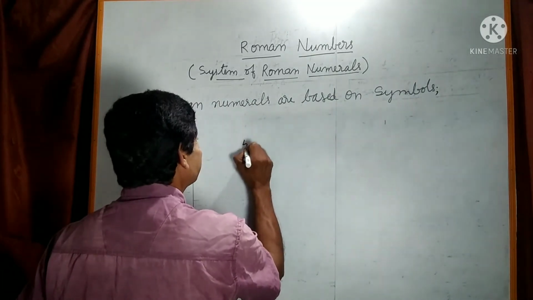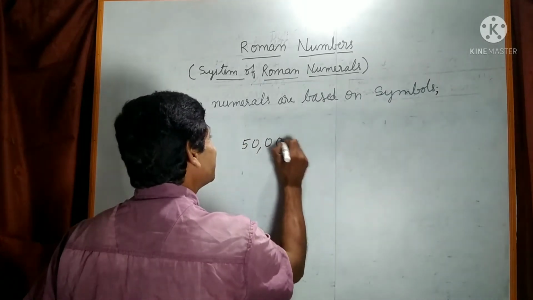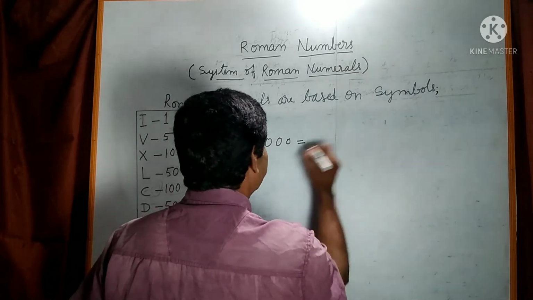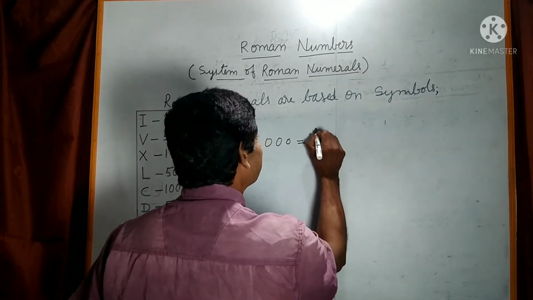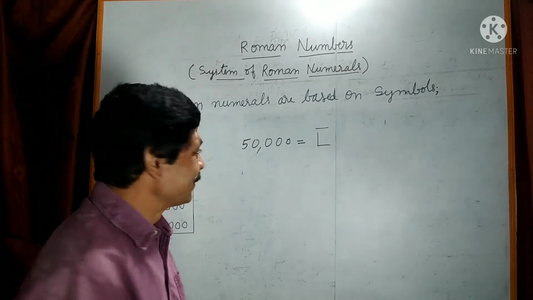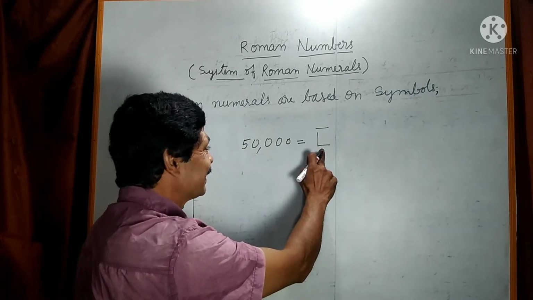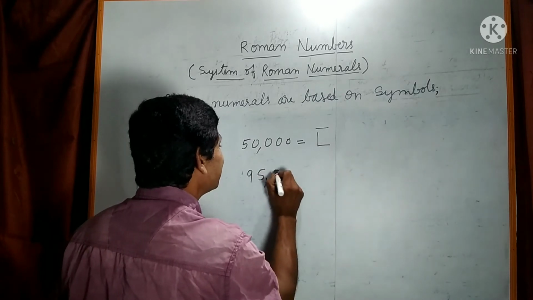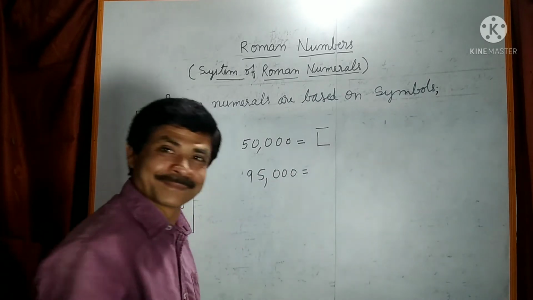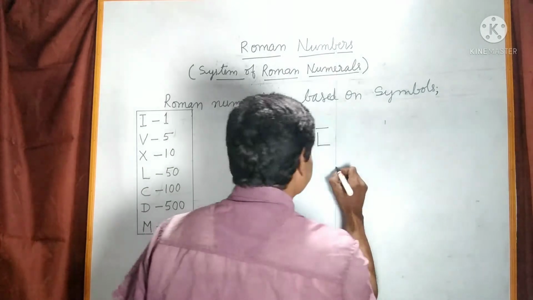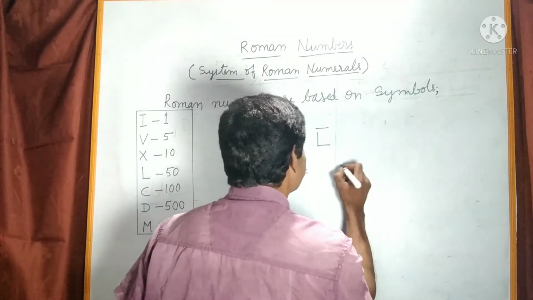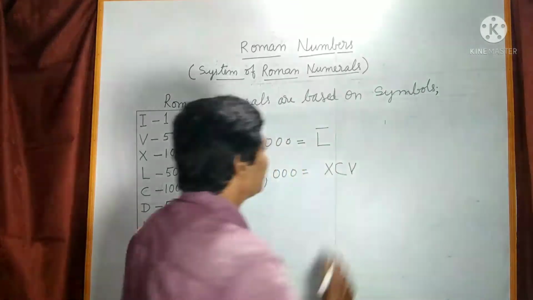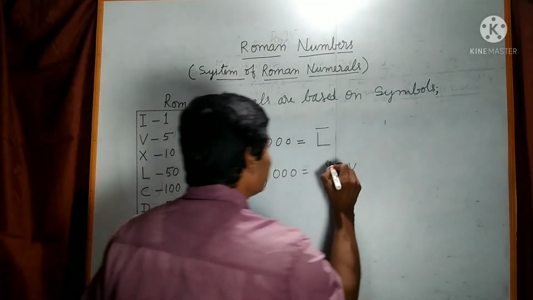50,000. How do we write? 50,000 is 50 into 1000, 50,000. 95,000. How will we write? 90, 5. 95,000.